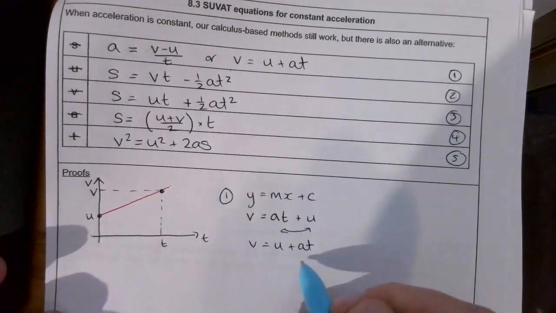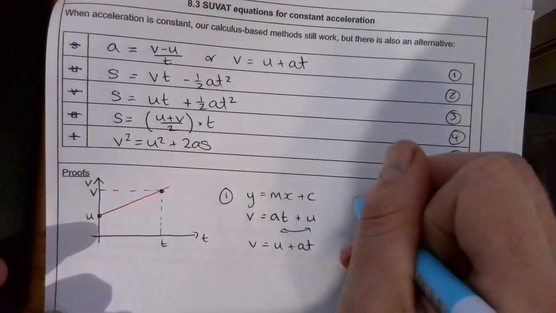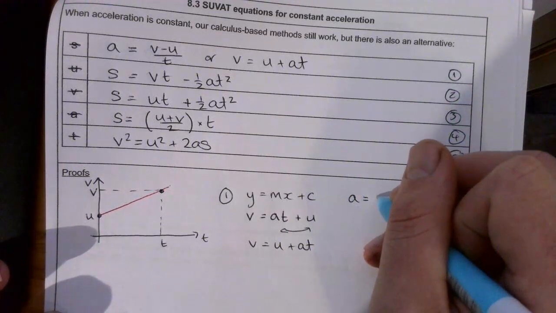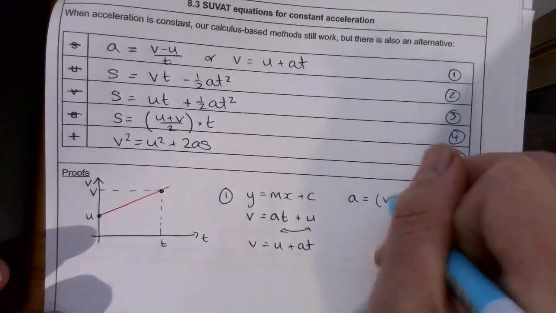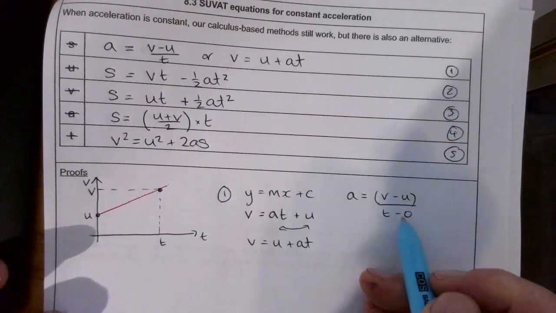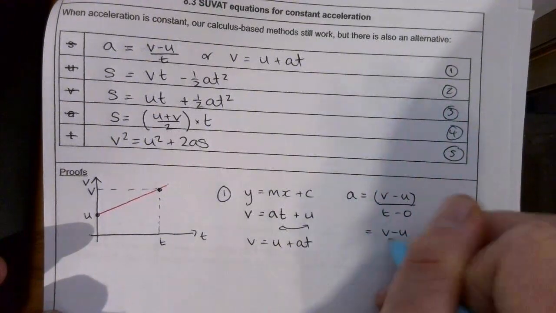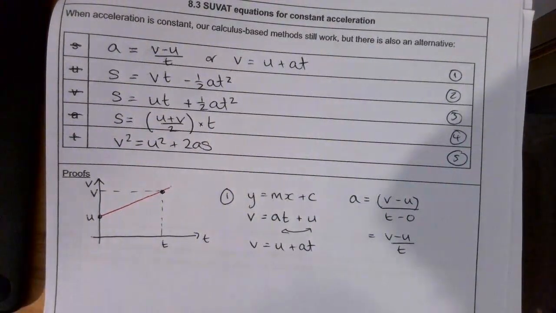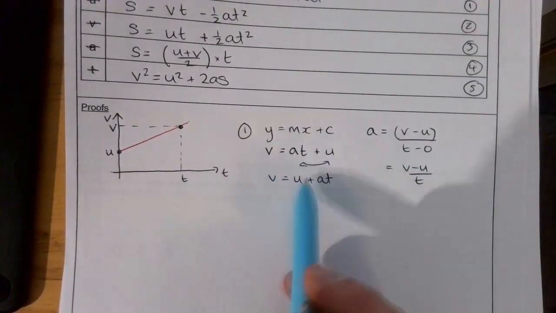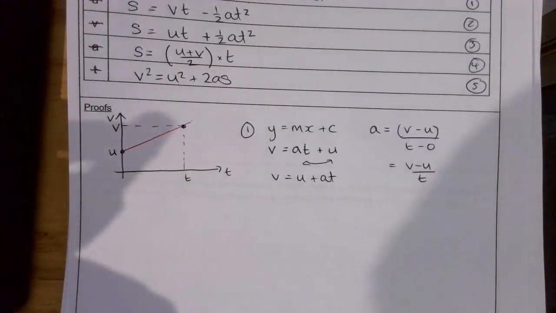That is just the equation of the straight line. Another way to think about it is that by definition the acceleration is the rise over the run, so it is v minus u over t minus 0. So it's v minus u over t, which rearranges to that other form. So either by the definition of the gradient or from y equals mx plus c, we get equation 1.